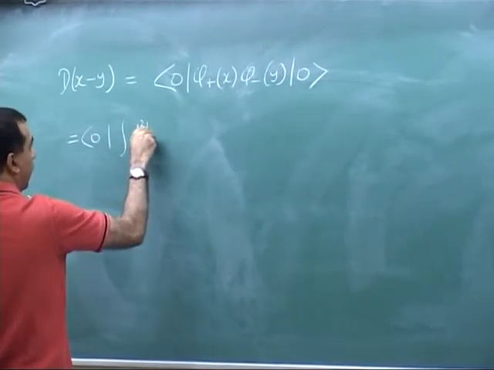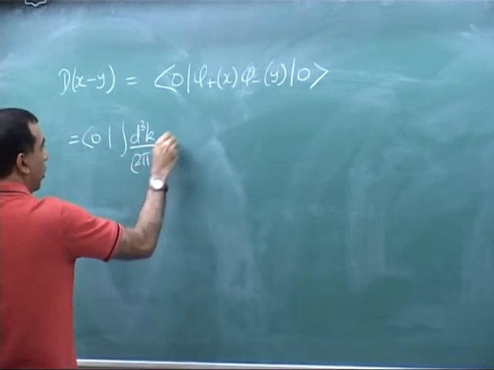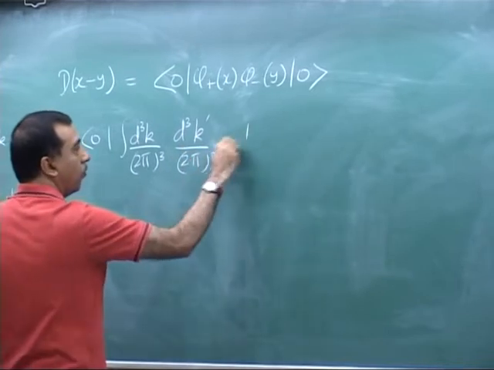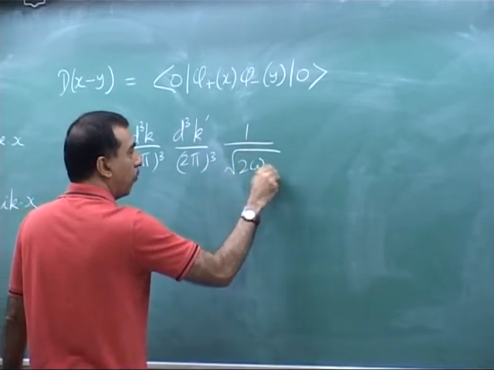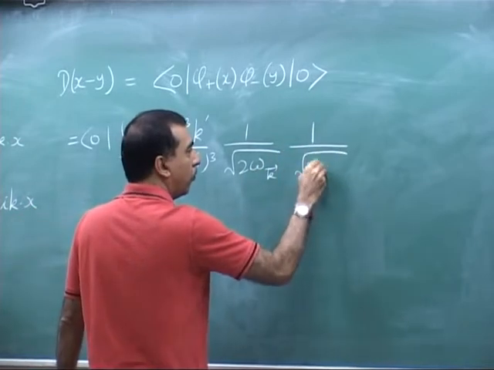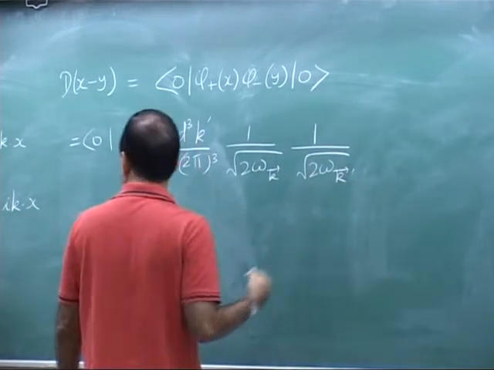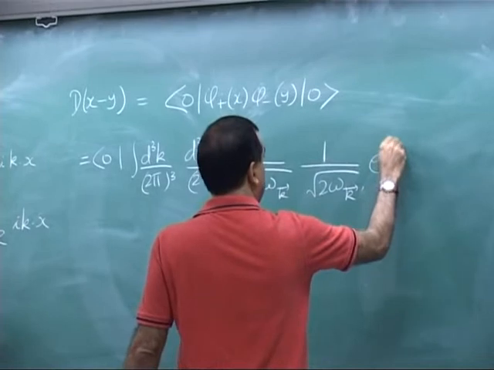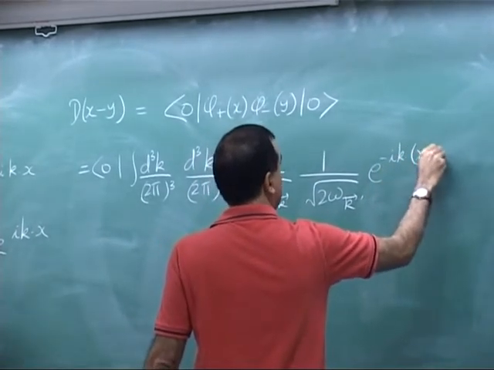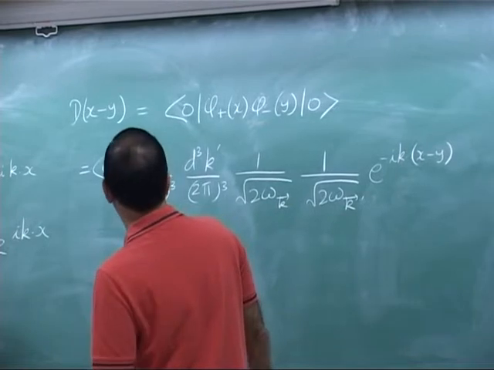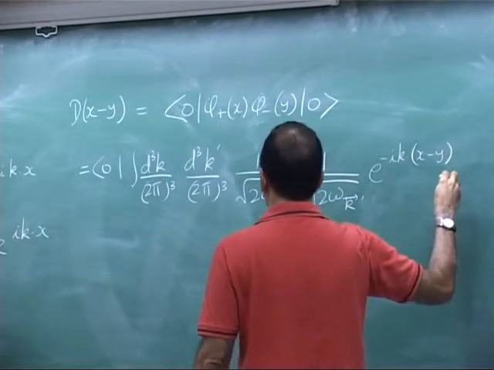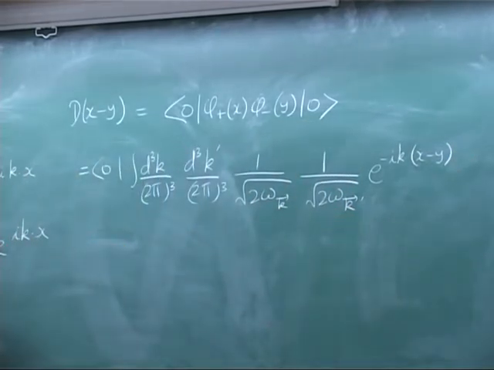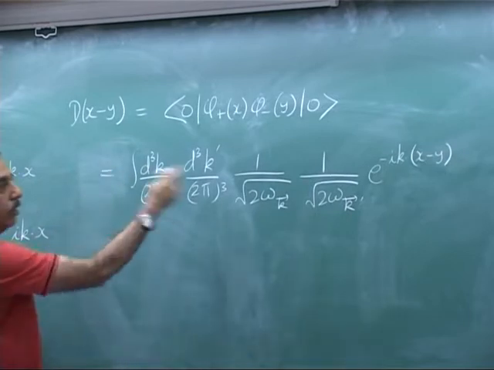Okay. Now this thing is integral d3k upon 2 pi cubed. It's a double integral in k and k prime. I'm just inserting these things. Okay. Then e to the minus i k dot x minus y. The sign of this is important. Phi plus is x, so this is correct. And then, none of these things is an operator, so I can take them all outside.